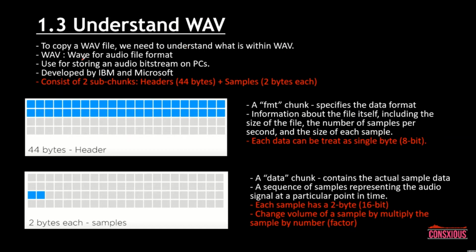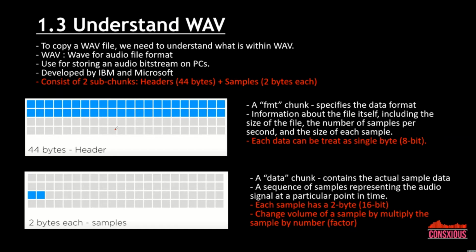WAV is basically an audio file format used for storing audio bitstreams on PC, developed by IBM and Microsoft. It consists of two chunks, the header of 44 bytes and the samples of 2 bytes each.